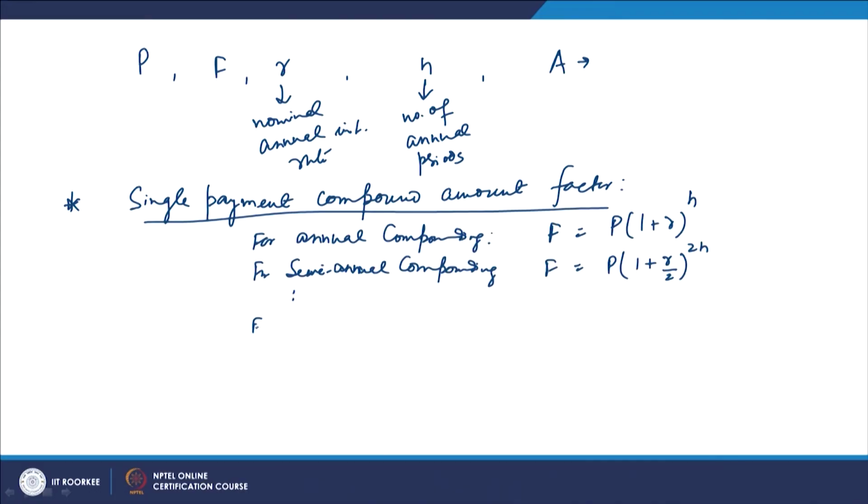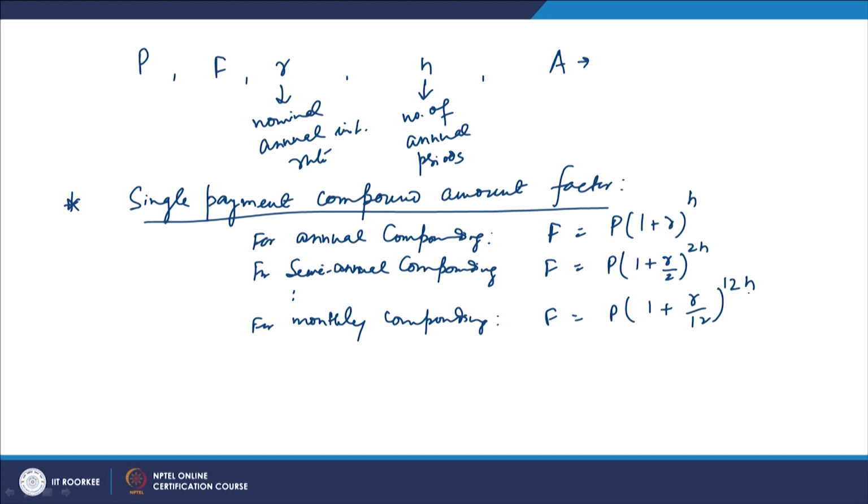Similarly, suppose you go for monthly compounding, then you know that it will be F equal to P into (1 plus r by 12) raised to the power 12n. So, that is how you go in those cases.